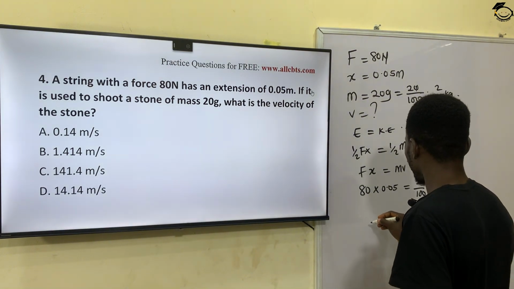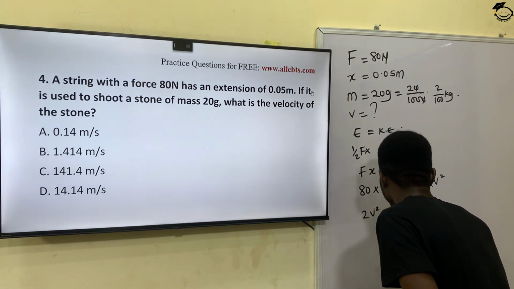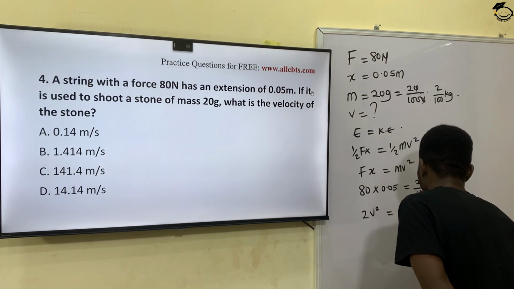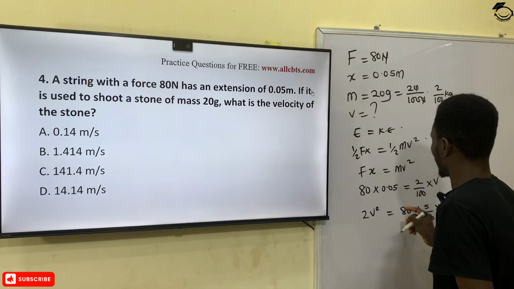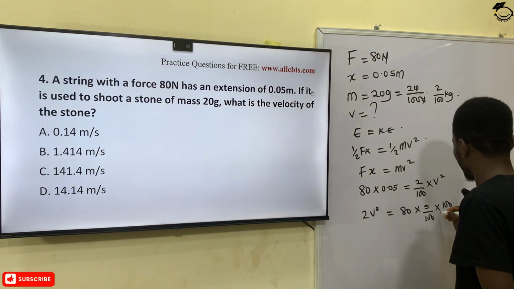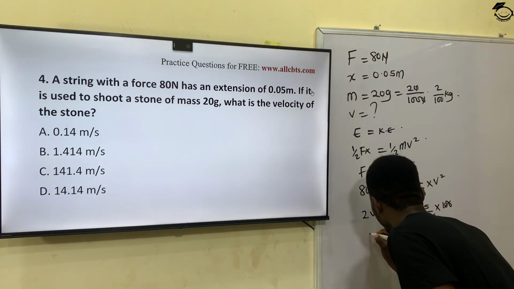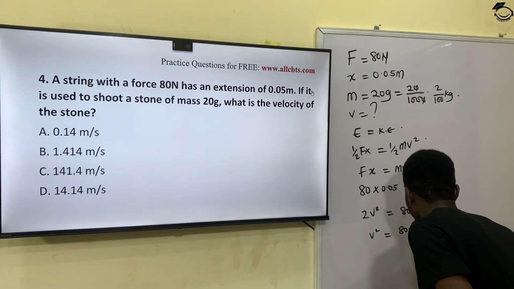So this is the same thing as saying that I have 2v squared is equal to 80 times 5/100 times 100 when I cross multiply here. So this 100 will cancel out this 100. So it means that I have v squared is equal to 80 times 5 divided by 2.